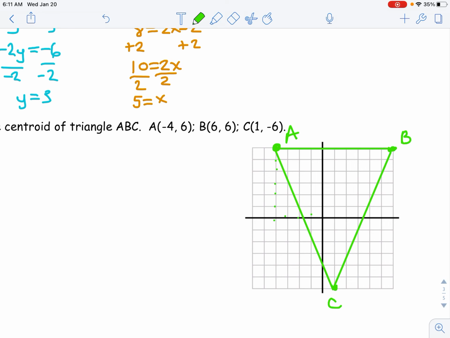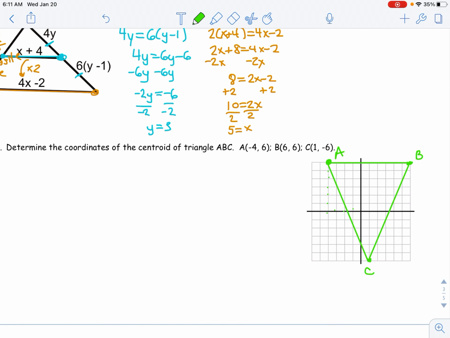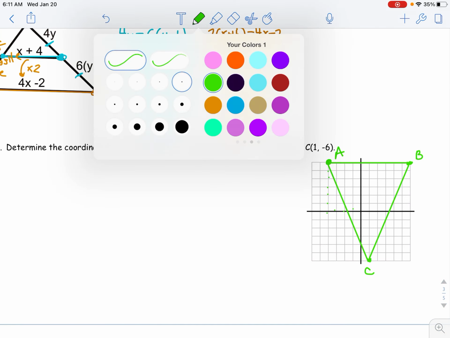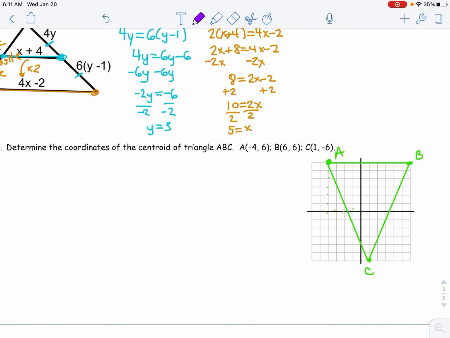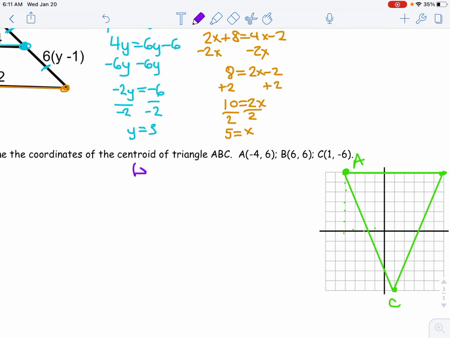To do this, there's two ways. A centroid, we'll write some fun facts about centroids. It's the balancing point. So it always has to be on the inside of the triangle. It's formed by the intersection of the medians.